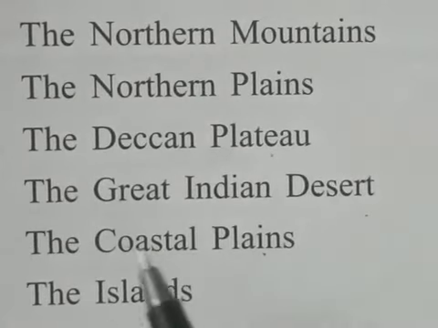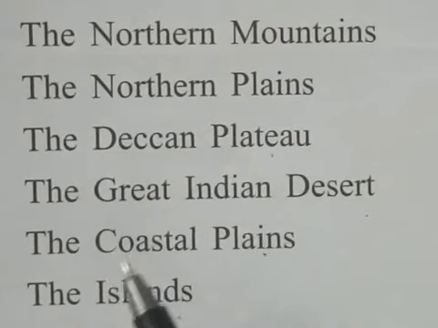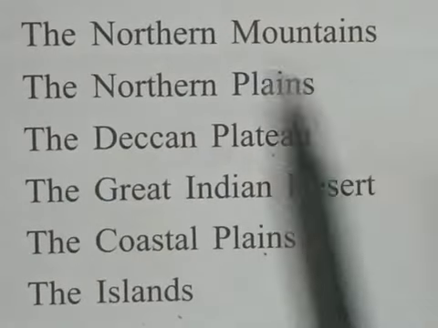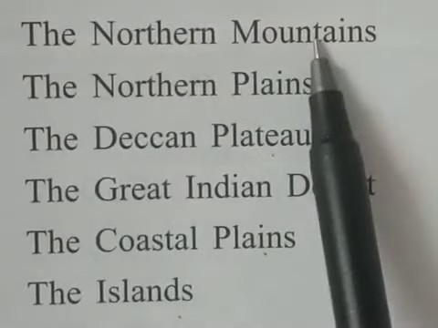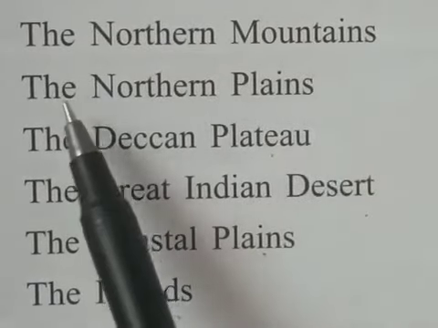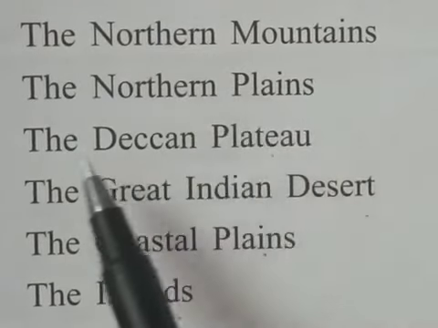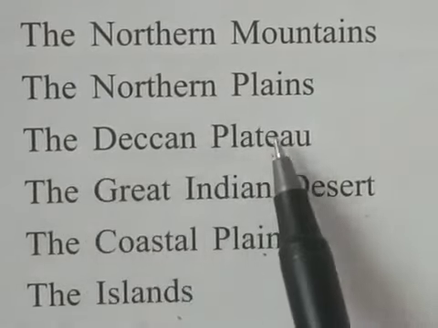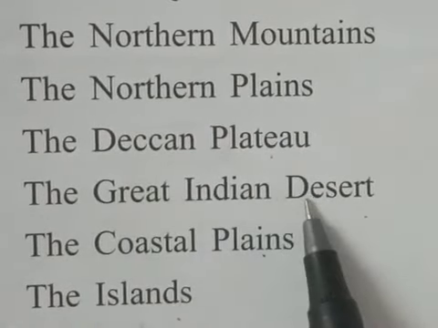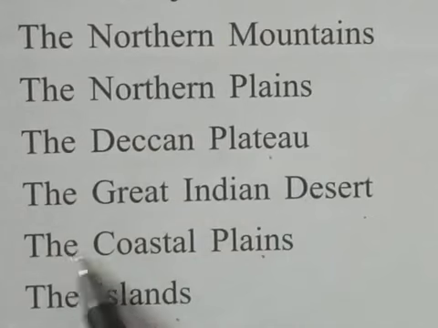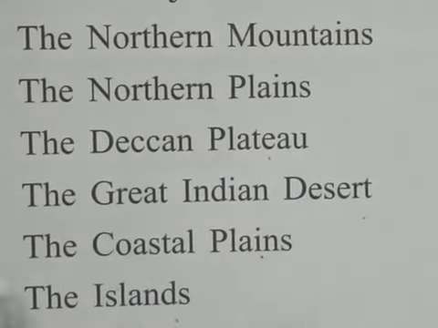Yes, these are 6. Now repeat with me one by one. Number 1, the northern mountains, the northern plains. Yes, beta, speak loudly. The Deccan Plateau, the Great Indian Desert, the coastal plains, the islands.